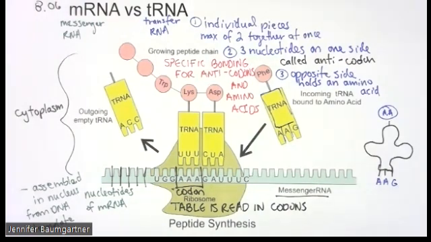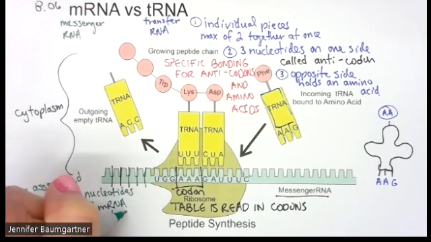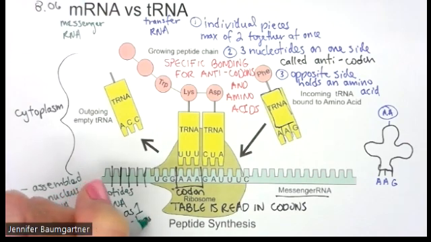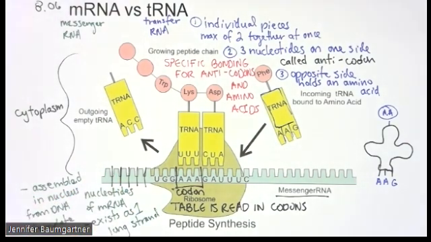So what are our takeaways? mRNA and tRNA are very different animals. mRNA are individual nucleotides. It gets assembled in strands. So let's add that too. It exists as one long strand. tRNA has this unique shape.